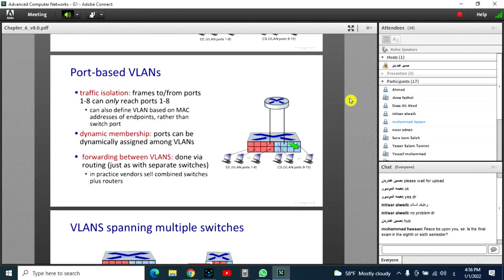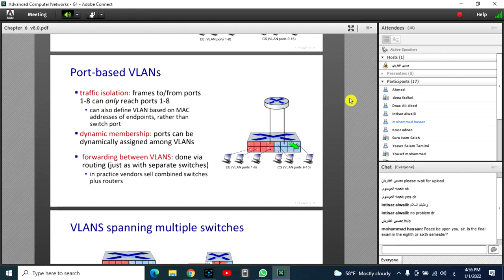Maybe sometimes you can define VLANs over different port numbers, but sometimes maybe you can use MAC addresses, defining a VLAN based on MAC addresses.